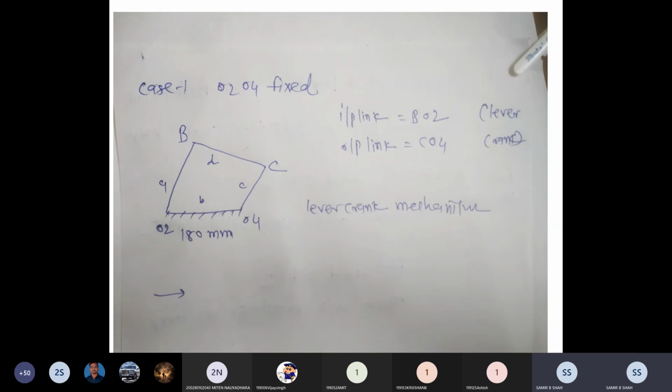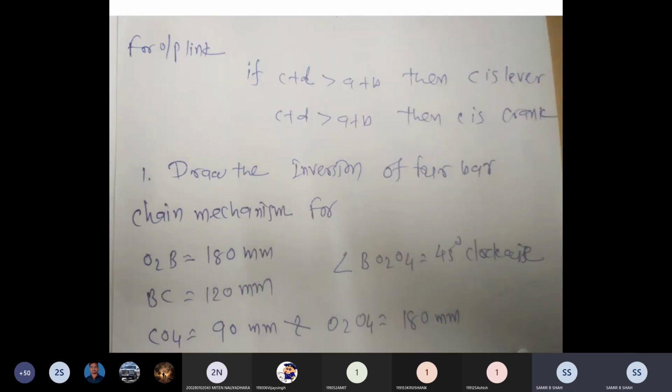Now draw O2B where the angle is given to you. The angle BO2O4 is equal to 45 degrees, and we know that the dimension of BO2 is 180 mm. You may take a scale also. Suppose it does not fit in your sketchbook, then take a scale of 1 to 2, or if it is suitable, then take a scale of 1 to 1.